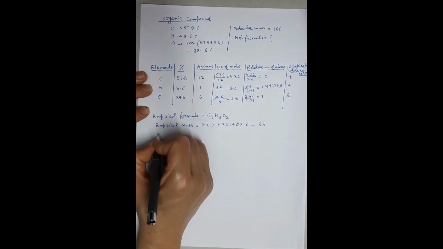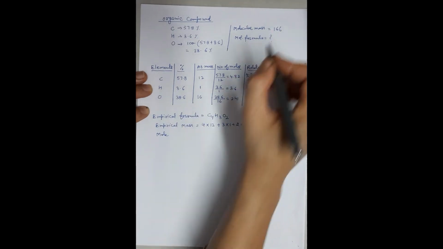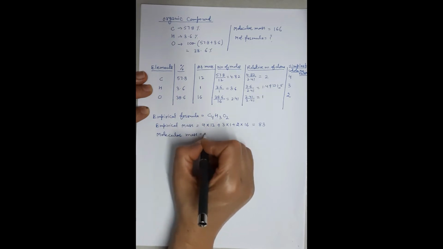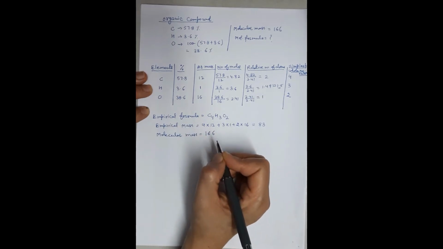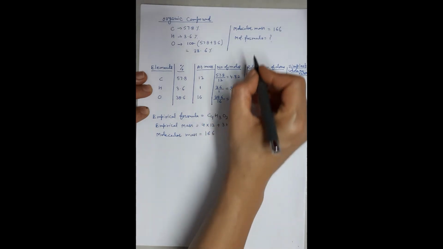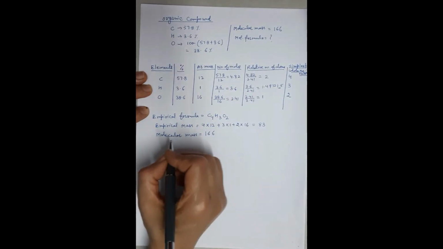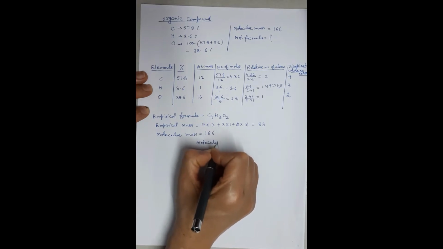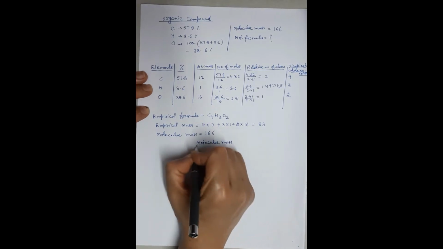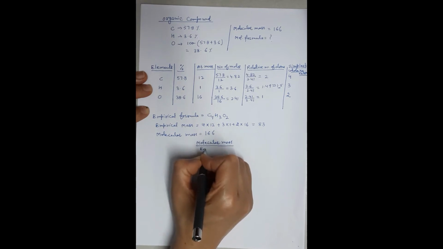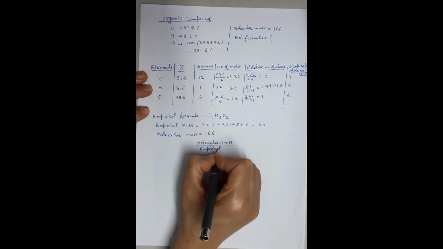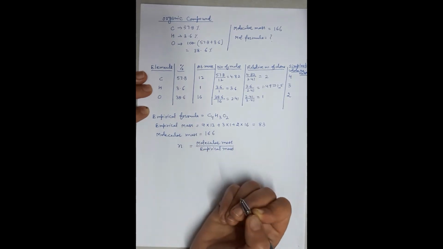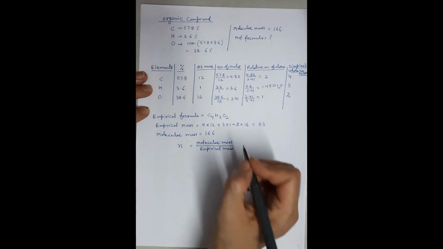Molecular mass is given to us. Here it is given, so molecular mass is equal to 166. But we need to find out the molecular formula. So if you divide molecular mass by empirical mass, you will get a number, which is represented by n.